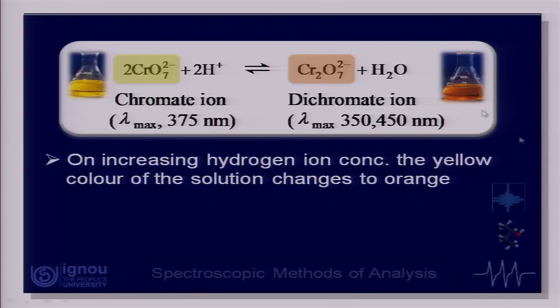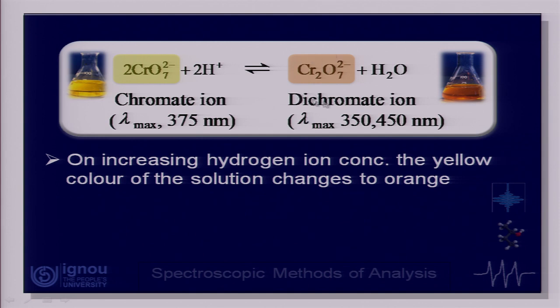So, if I want to measure the concentration of chromate ions or dichromate ions in a given solution, I have to be very careful about the pH, because if the pH is not maintained properly and there is an excess of hydrogen ions, part of the chromate ions I want to measure gets converted into dichromate ions, and there is an error in the measurement.